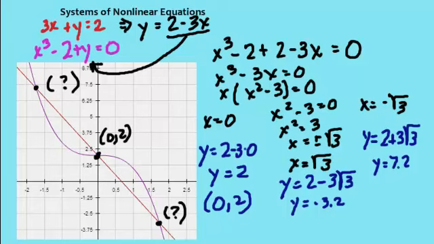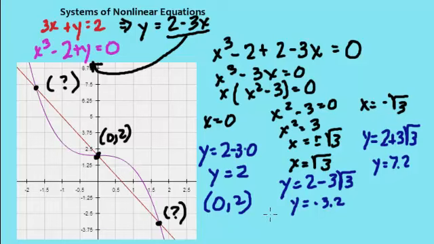I got these decimal approximations for you just to see. Now, the square root of 3 is like 1.7 something. So let's look at this very first x value. If x is 1.7, then y would be about negative 3.2. That looks about right. And if x is negative 1.7, y is about 7.2. That looks about right. So these values are really close.